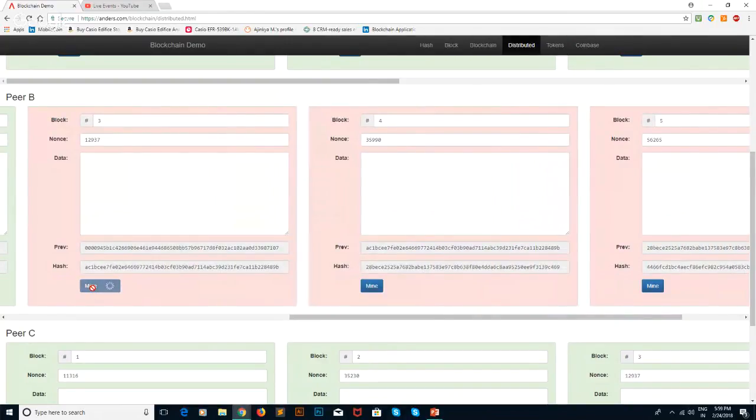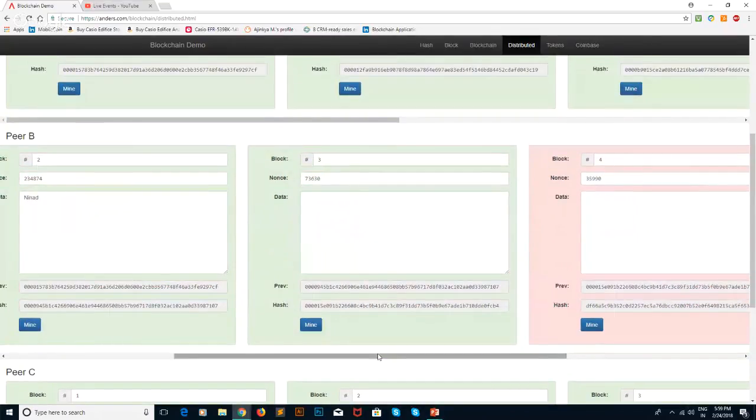Even if I make the changes in all 4 blocks of peer B, peer A and peer C will be able to find out that something is wrong with the system of peer B, and they can change the data respectively. So take the example of Bitcoin, where we have millions of users.